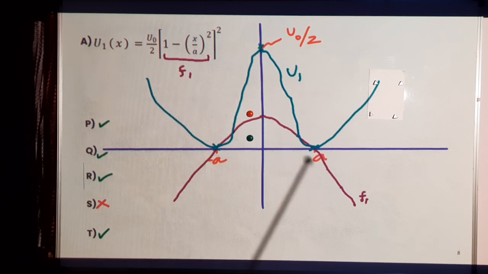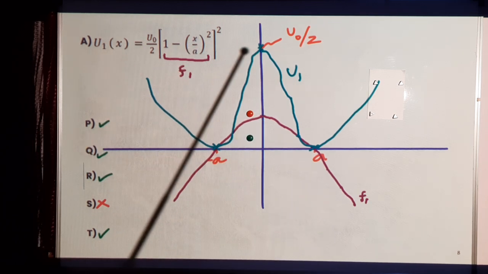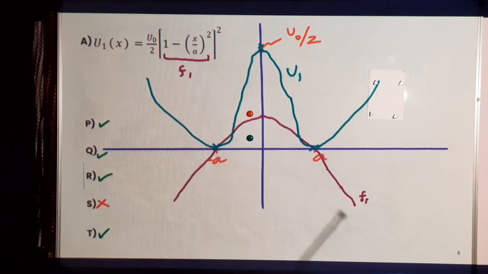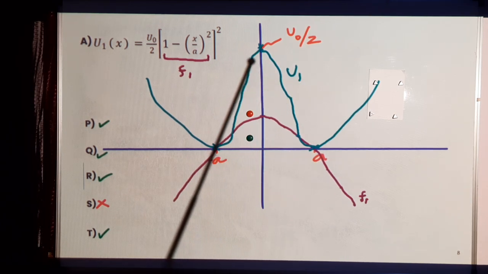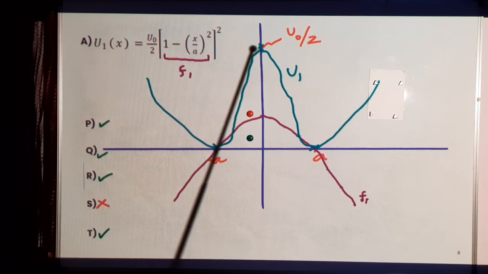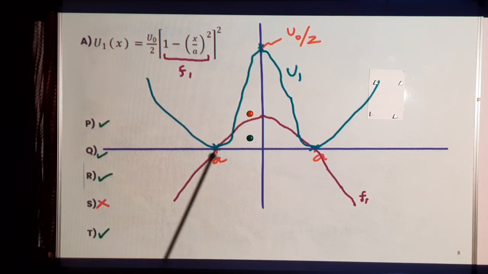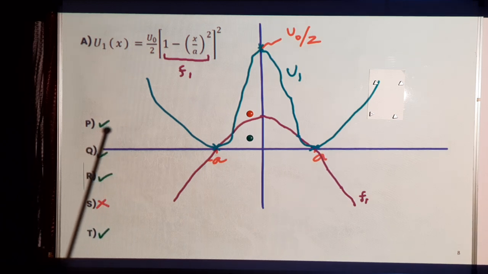If I square this F1 and multiply by U0 by 2, it will look like this. The negative part will become positive. So this is the variation of U. It has slope 0 here at the maximum point and slope 0 at minus a and plus a. So PQR is true, because the forces at x equal to 0, x equal to minus a and x equal to plus a are 0.